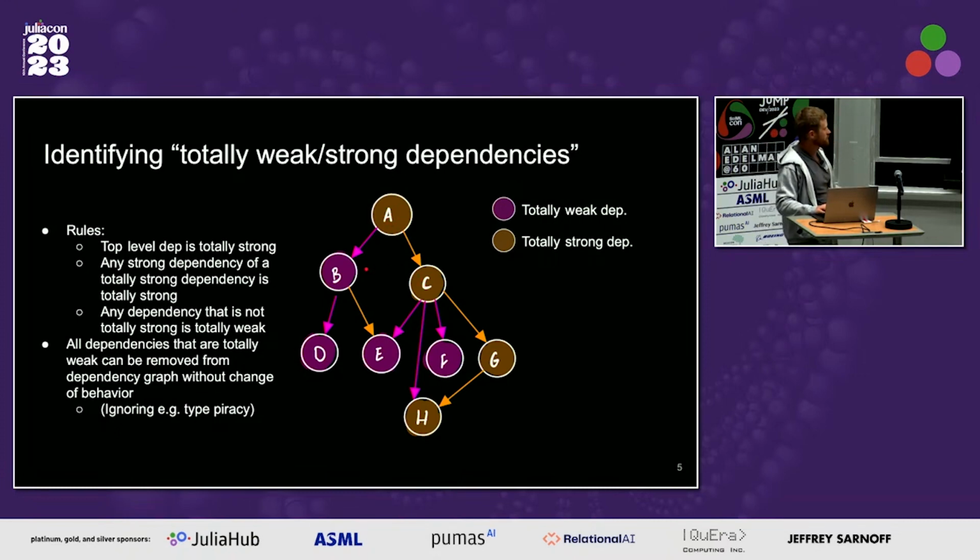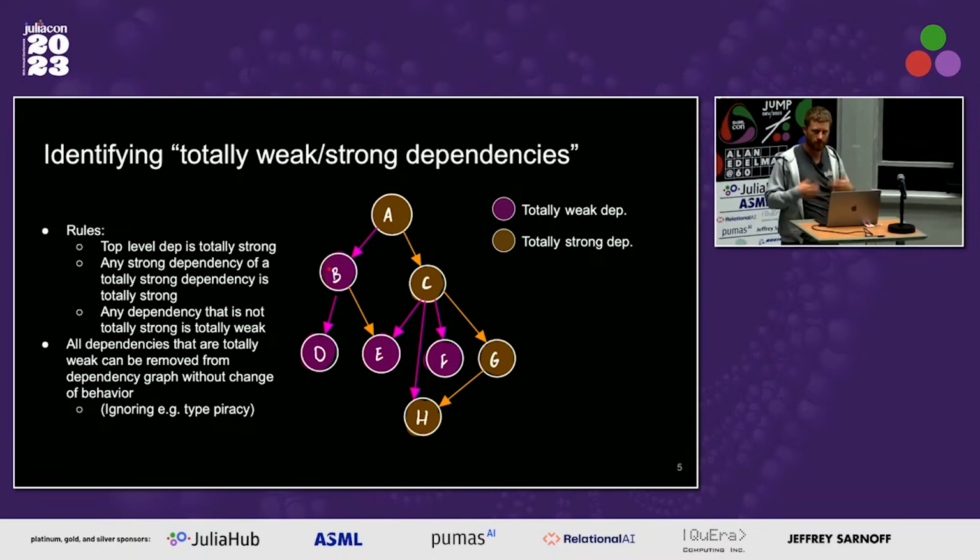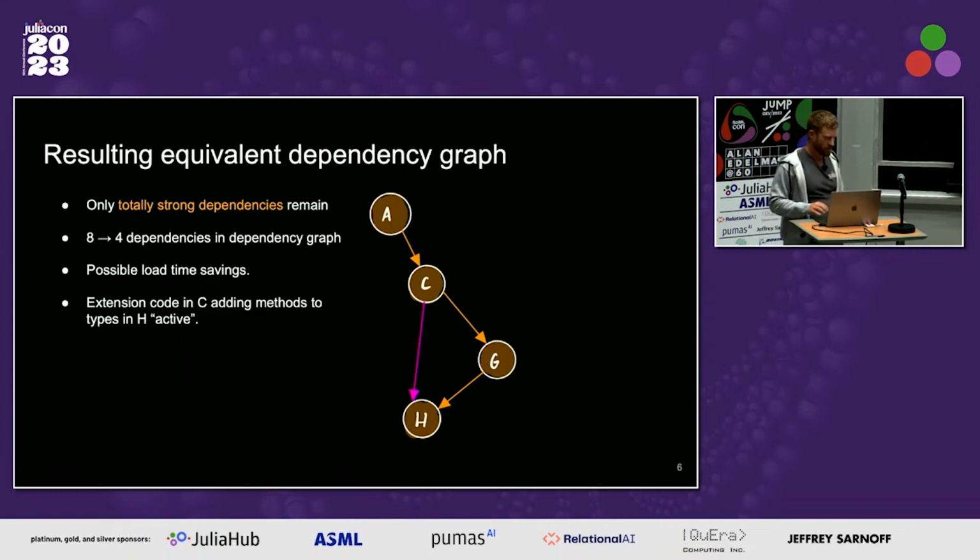And if you're not totally strong, you're going to be what I call totally weak. And the point in the end is that everything that's totally weak here is not actually callable and is not used at all in your dependency graph, if we are ignoring stuff like type piracy. So in the end, we can just remove them and it's not going to change your program behavior. So in this case, we went from 8 to 4 dependencies in our dependency graph, and that could of course give some load time savings.